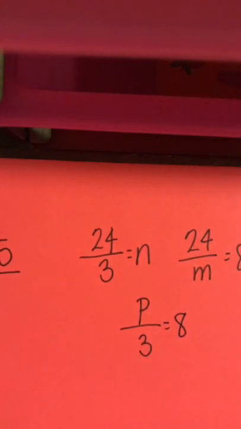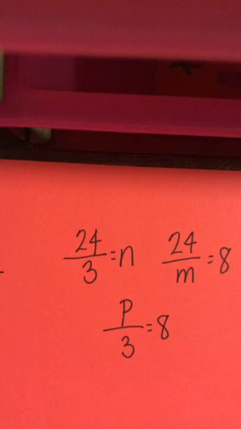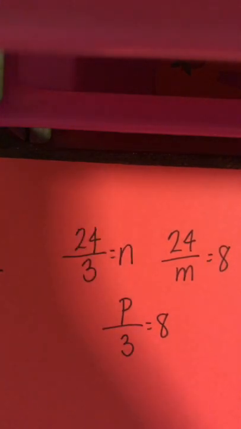To find an unknown quotient, we simply divide the dividend by the divisor. To find an unknown divisor, we divide the dividend by the quotient. To find an unknown dividend, you multiply the quotient by the divisor. So for example 4, we want to find the unknown number in each equation.